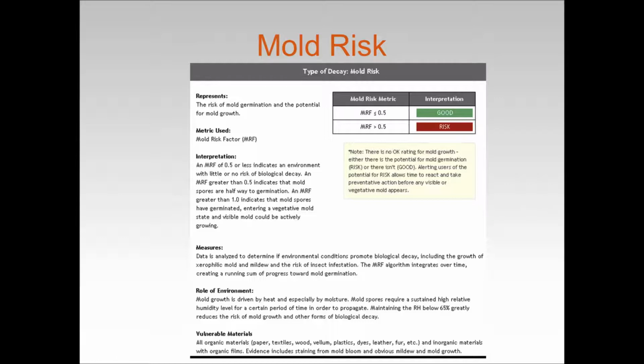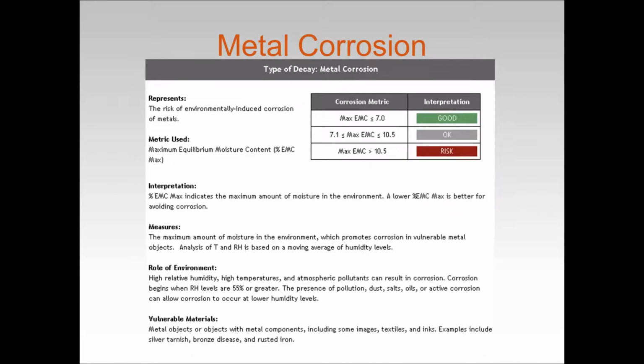If your collections are clean and you don't have mold spores that are there to germinate, it's possible that even if you have those conditions, you won't see mold. But the fact is that a lot of our storage spaces are not as clean as ideally they should be, or that we'd like them to be. And having collections be dirty is one of the things that can attract and make them more vulnerable to mold spores.